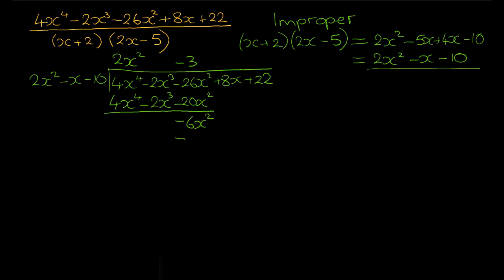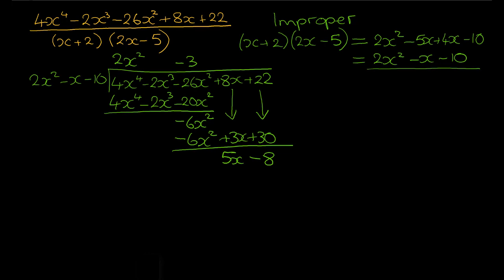Multiply through, we're going to get minus 6x squared plus 3x plus 30, which we need to take away. If it helps, bring those down. So we've got 8x minus 3x, which is 5x, 22 minus 30, which is minus 8.